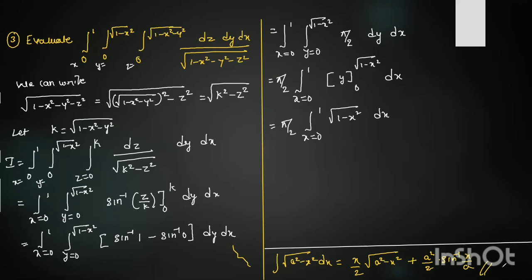It depends, because if you have studied integration properly, then you would have remembered this formula. Otherwise, please write down this formula for reference so that we can use it here. In this formula, we have to compare. In place of a, we have 1, and x is x itself. So directly we can substitute these values.